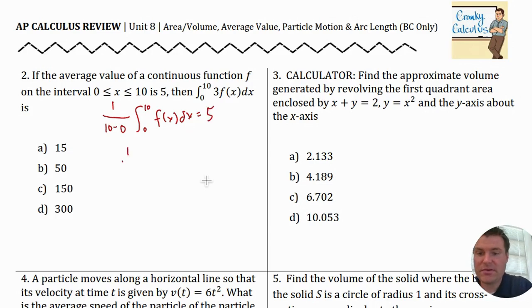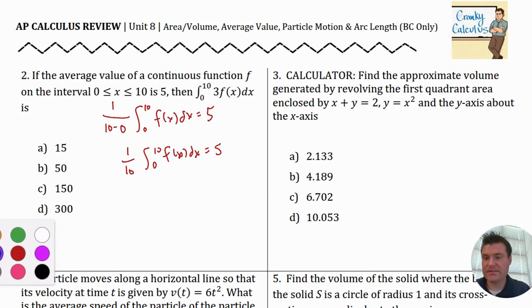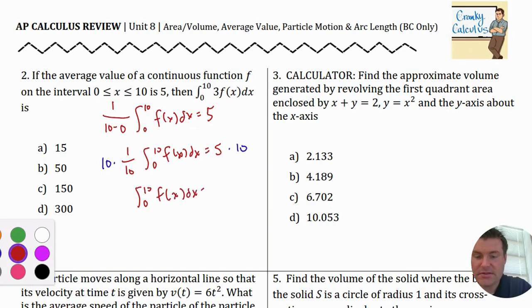So this says that 1/10 of this integral right here is 5. When we solve for this integral, let's multiply both sides by 10. When we do that, we're going to get the integral from 0 to 10 of f of x dx is 50. Now that's not what the question's asking for.